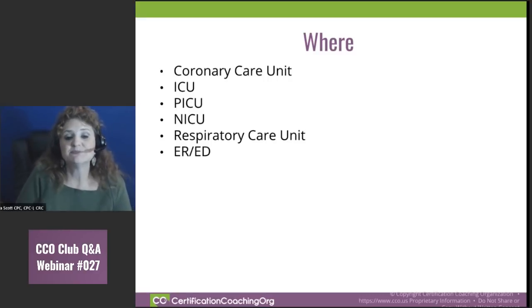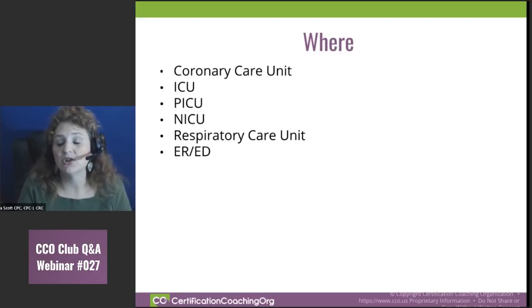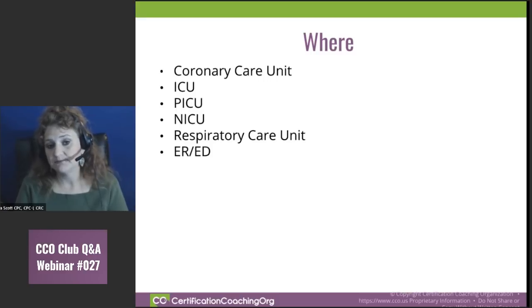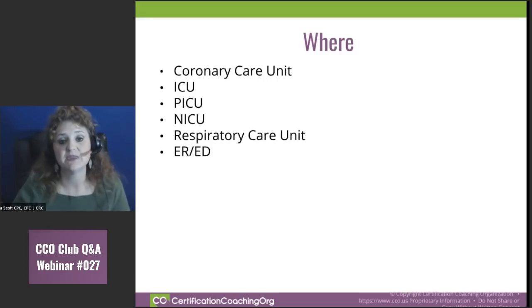There's also a respiratory care unit in some larger facilities; they specialize in respiratory failure or providing respiratory support. And then of course you have your ER or ED, emergency department or emergency room, depending on what verbiage your facility is using. This is where you're going to see the critical care coding being done.